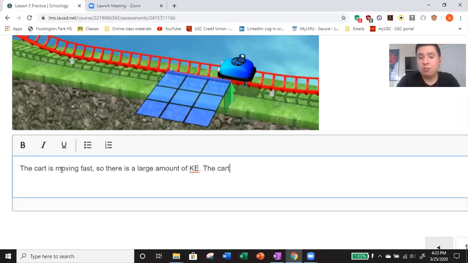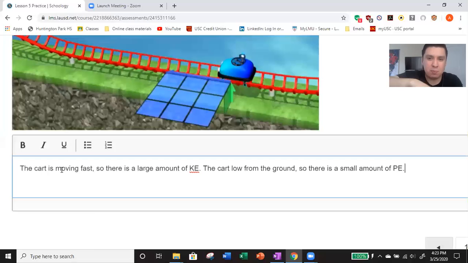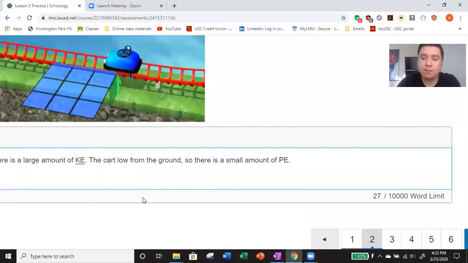And the cart is low from the ground, so there's a small amount of potential energy. So if we were to make a graph, you're going to have the KE be high and the PE be very low comparatively.